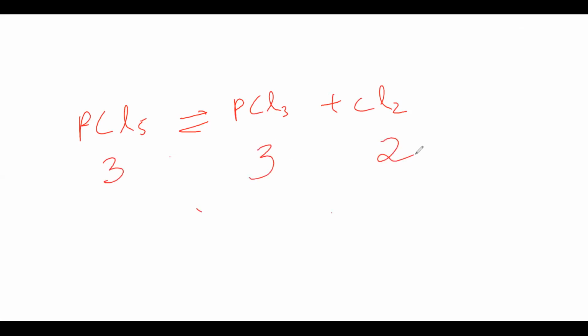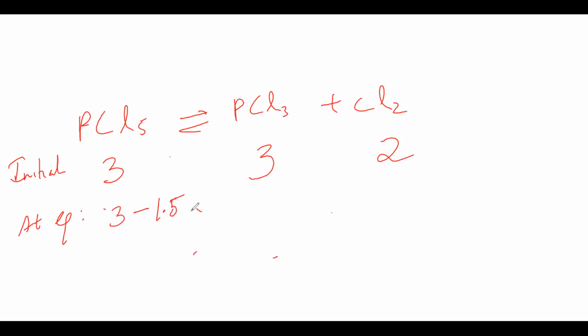So the thing is PCl5. At equilibrium it gives PCl3 and Cl2. Initially, 3 moles of PCl5, 3 moles of PCl3, and 2 moles of Cl2. At equilibrium, PCl5 has been reduced to 1.5 moles.